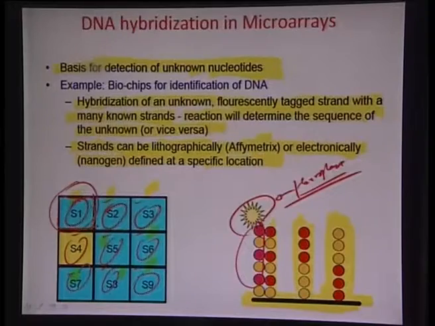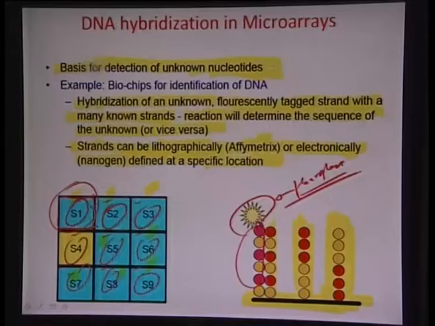That means you can put the DNA strand with the light directed approach or light direct synthesis that we are going to look at in a little bit, or alternately you can direct the strand to a particular position by using an electronic addressing system, as is normally done by the company Nanogen, at a specific location.